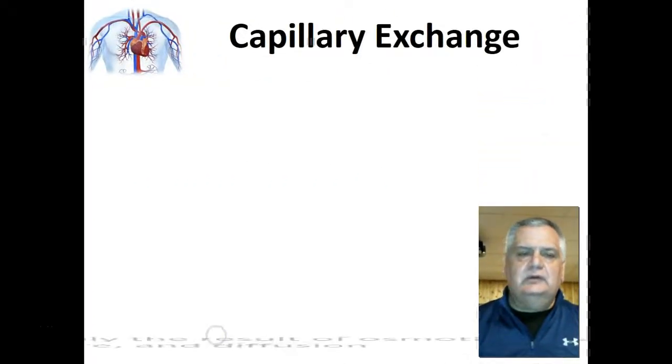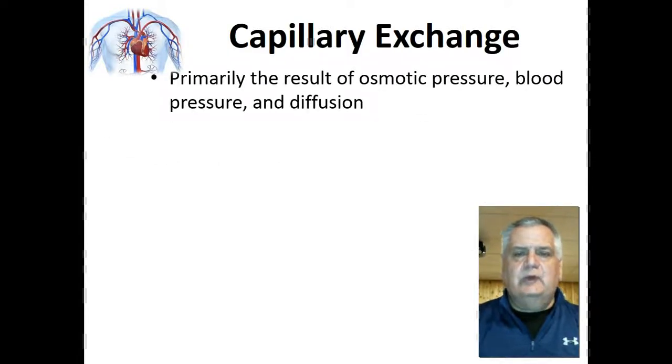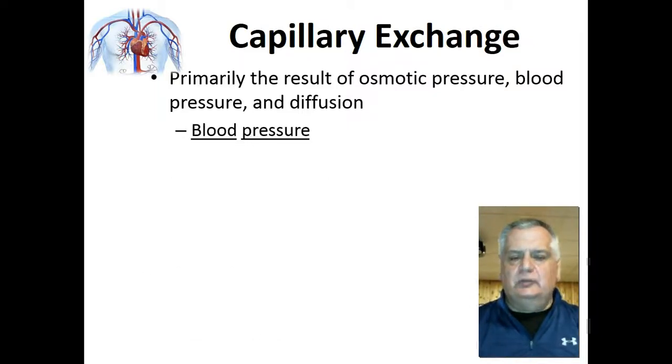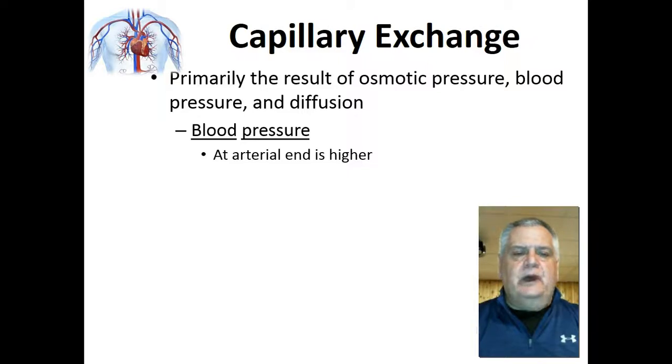So we're going to take a look at how this works. So again, capillary exchange, we would say, is primarily the result of osmotic pressure, blood pressure, and we can actually add diffusion to that as well. When we take a look at blood pressure, one of the things to consider is that at the arterial end of the capillary bed, the blood pressure is going to be higher.